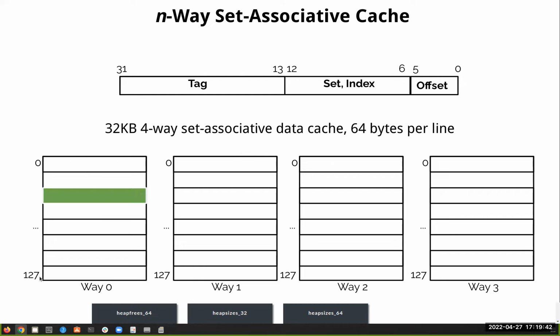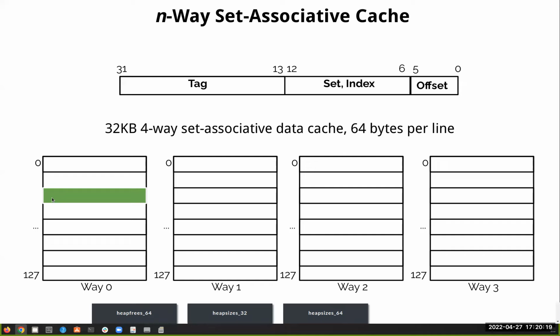So let's say we have data at some address. That data, 64 bytes, can go to 4 different addresses in the cache. First, from its address, we can get the set. The middle bits, bit 6 to bit 12, are the set. So from the set we know where it should go, let's say 0, 1, 2.